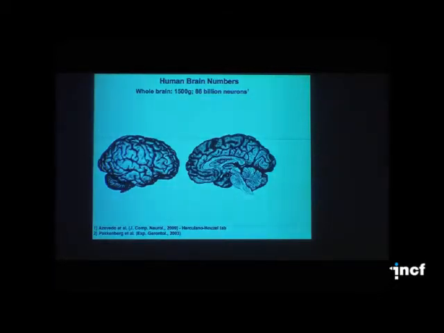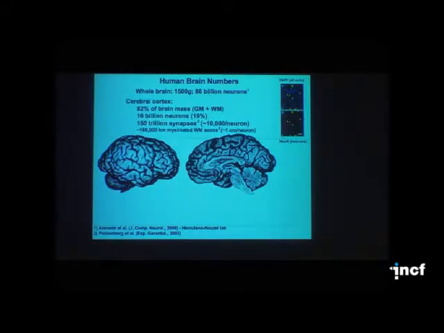Now, the human brain, we've heard about it before, has about 86 or 90 billion neurons. We have good numbers on that, obtained by accurate methods of cell counting, and the brain is dominated by the cerebral cortex, which contains 80+% of the brain mass, but only a small minority, about 20% of the neurons.